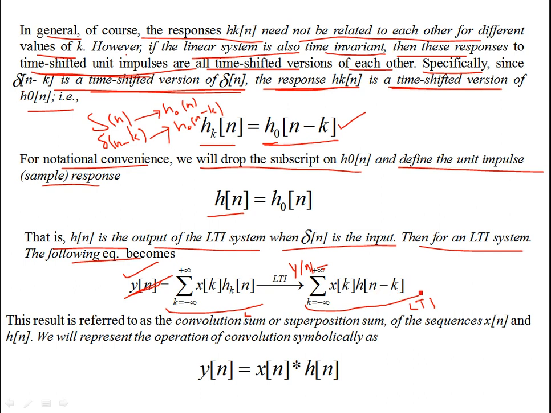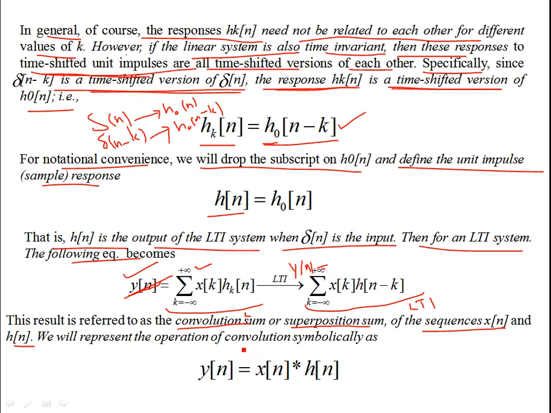So if the transformation is such that the system is both linear and time invariant, then this is your output y of n, which is the famous convolution sum, or call it the superposition sum. This is also a superposition sum, but this is for just a linear system. So it is the superposition sum of the sequence x of n and h of n.